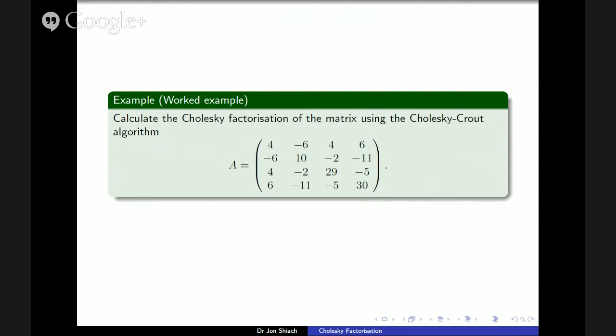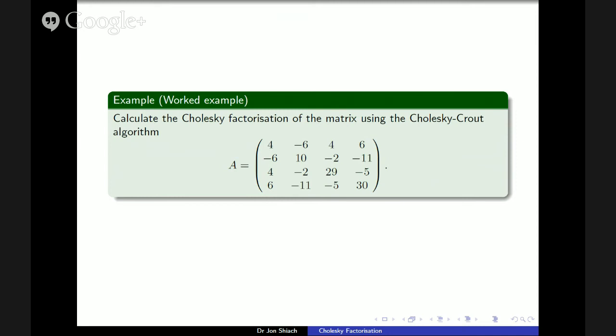L31 was 2, so minus 4. L32 was 4, so that's minus 16. So 29 minus 20 is 9. Root 9 is 3. By the way, you'll rarely have nice whole numbers like this. Obviously, I've designed this example to be nice and easy, but it doesn't have to be.